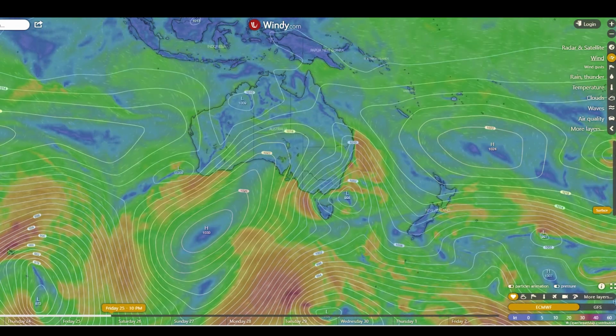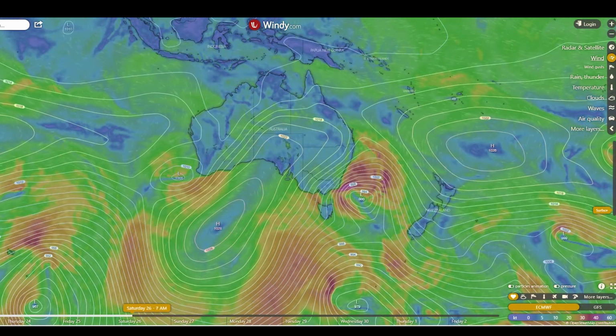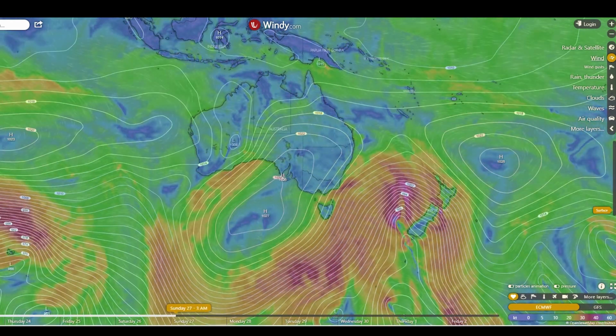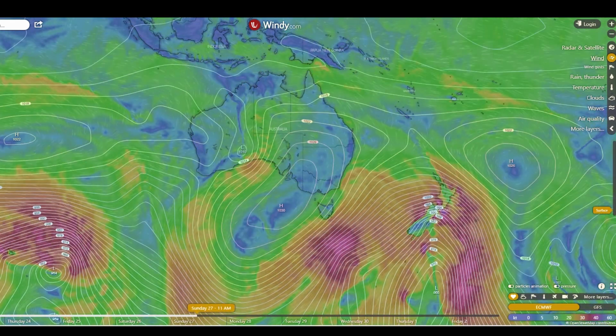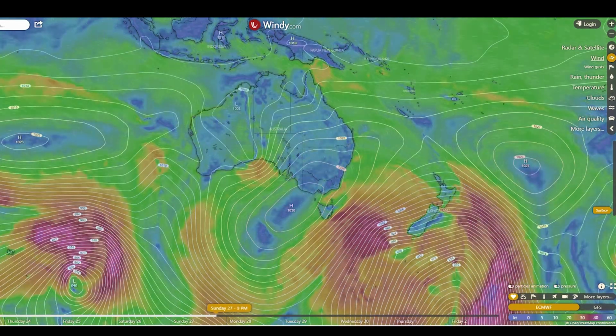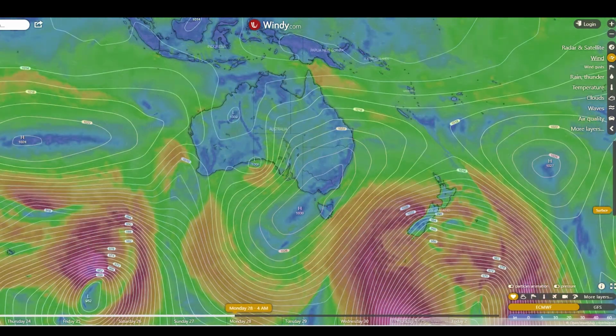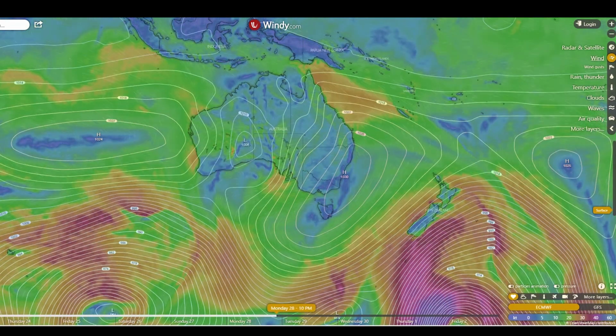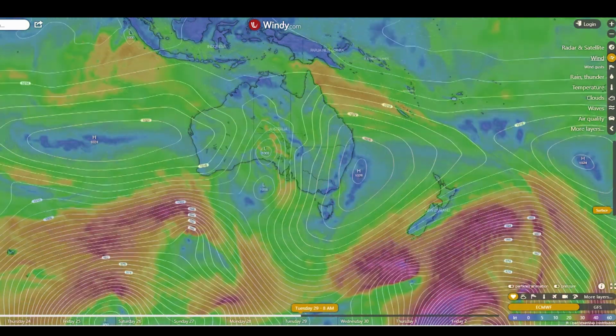And you can see here, if we look at the velocity of the air movement, that the air is moving much more quickly where those isobars are closer together compared to where they're further apart.